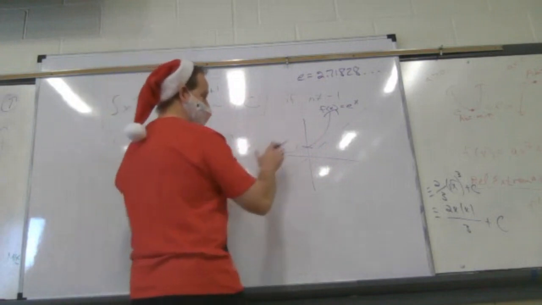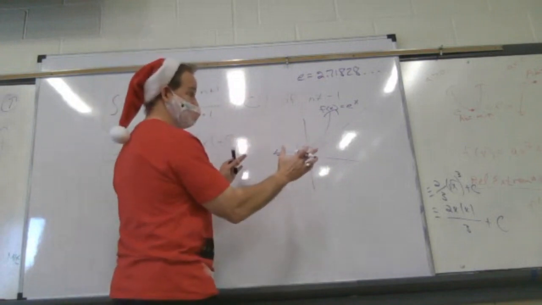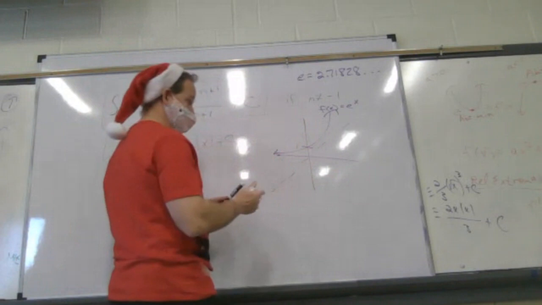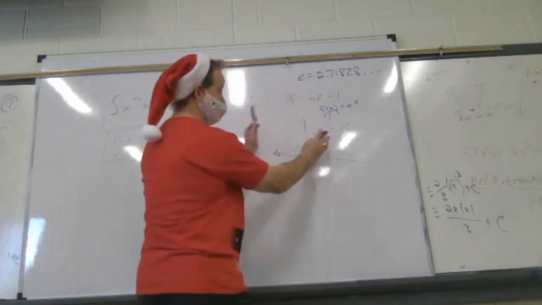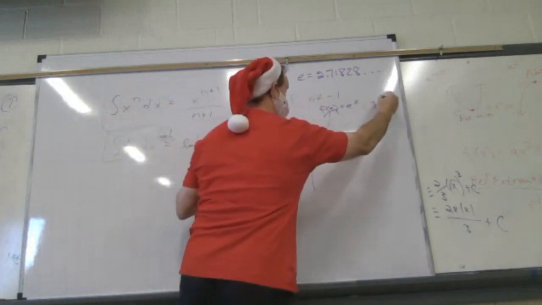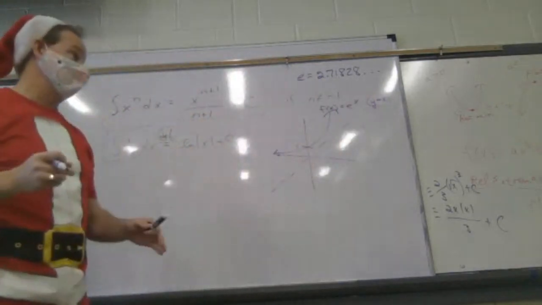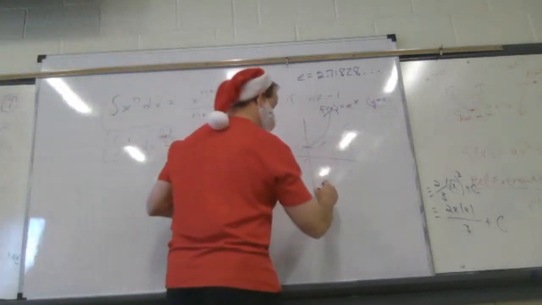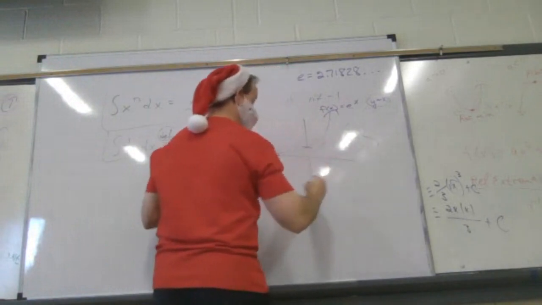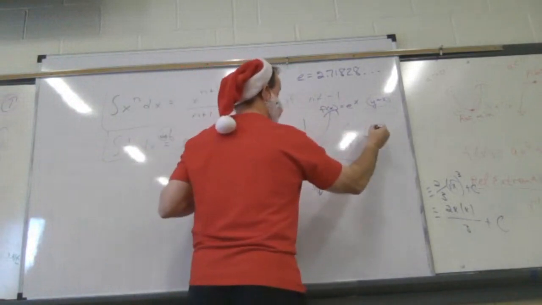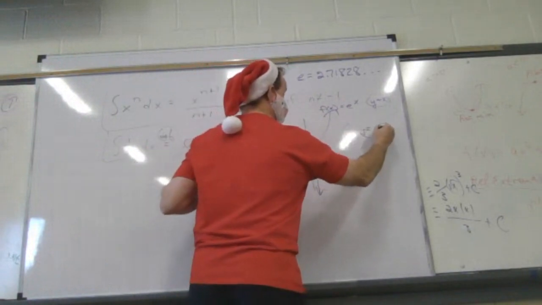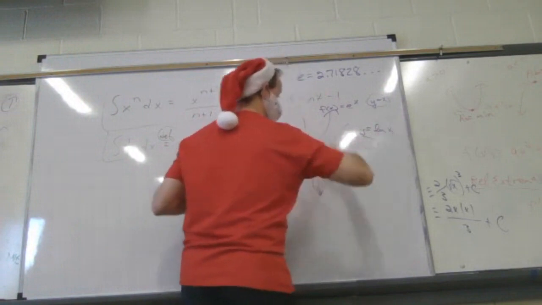But then the inverse of this, if you switch the y's and the x's, is going to give you an inverse function. It's going to flip about the y equals x line, right? And if you solve to undo the exponential part, you take the natural log. So the natural log is going to look like this. So y equals the natural log of x is going to be this.